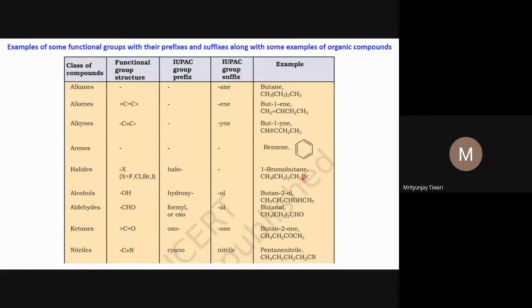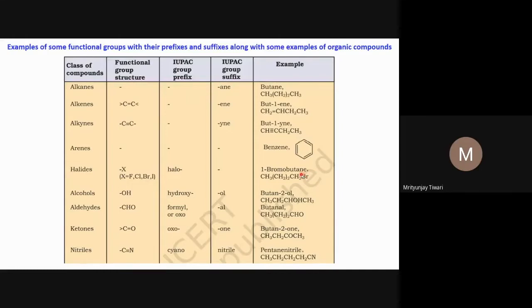So either you put this bromine at the second carbon atom from the right hand side, or from the left hand side at the second position. They are the same compound. Or if you put this bromine at the first carbon atom from the right hand side, or at the first carbon atom from the left hand side, they are the same organic compound, and their name is 1-bromobutane.